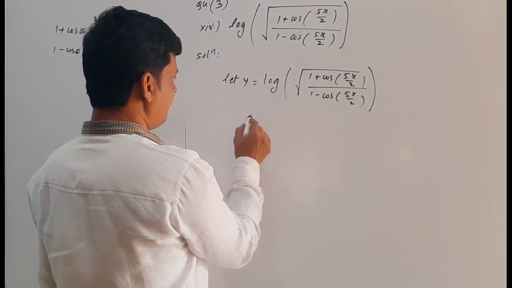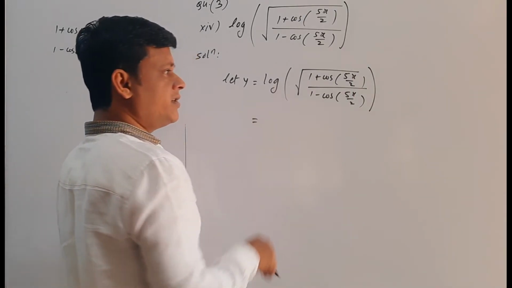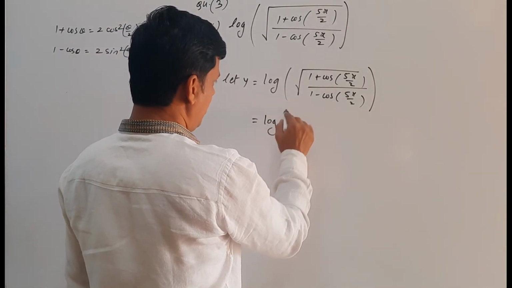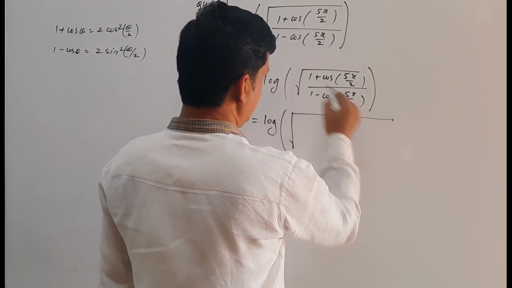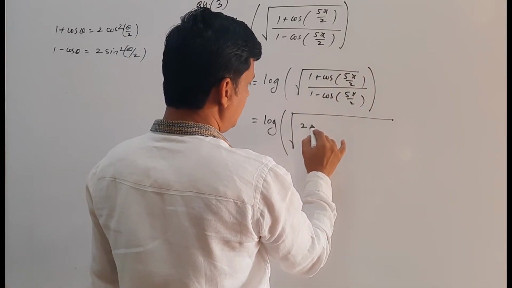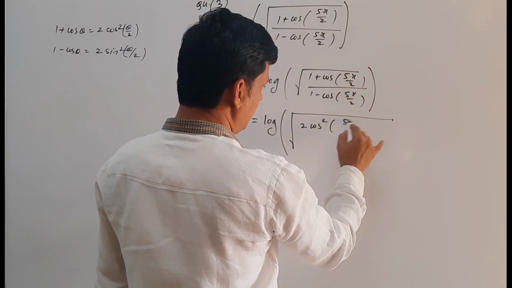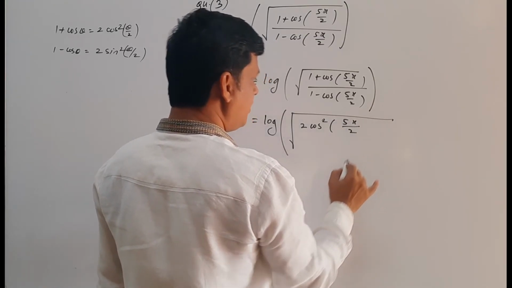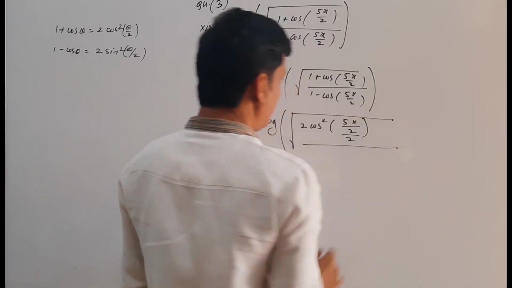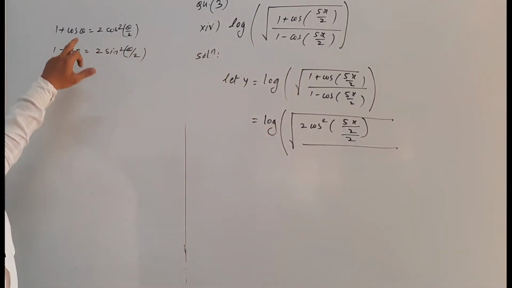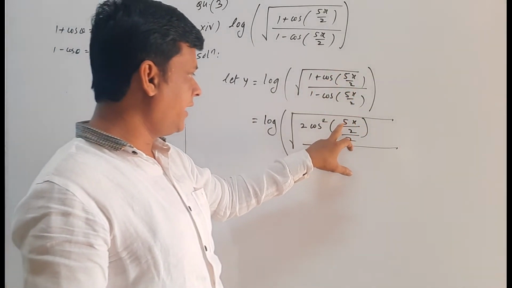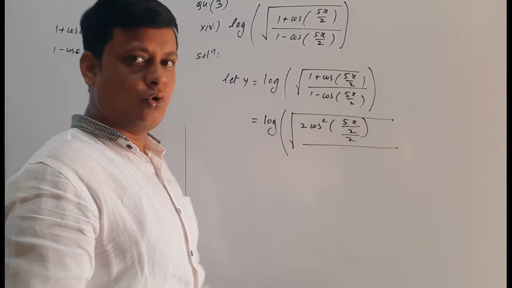That means before differentiating we simplify the given function. So we write log of root, this 1 plus cos 5x by 2 can be written as 2 cos square 5x by 2 upon 2, where in place of theta we have the value 5x by 2, or you can directly write 5x by 2 upon 4.